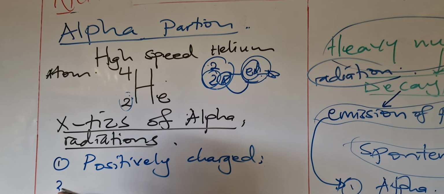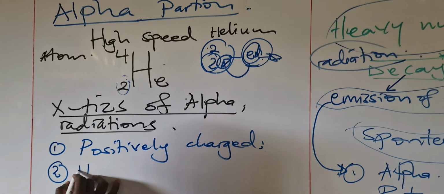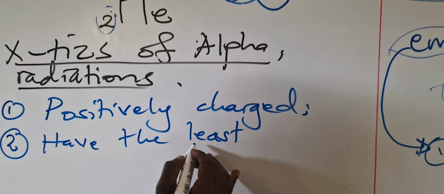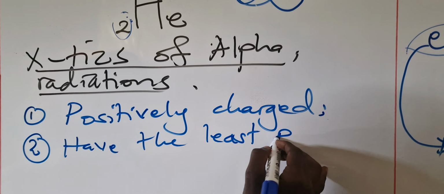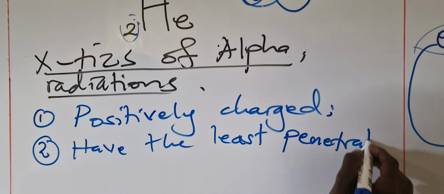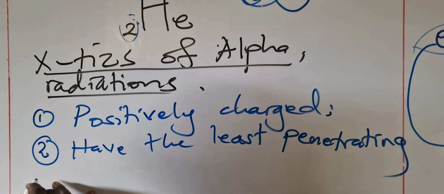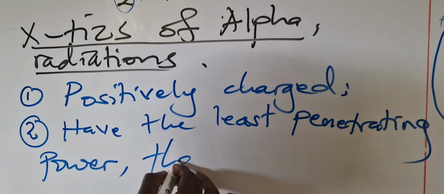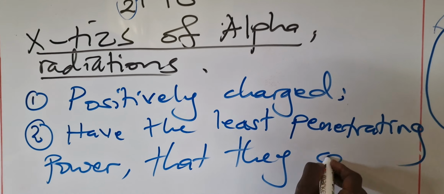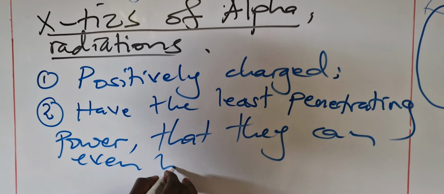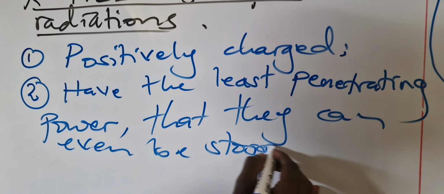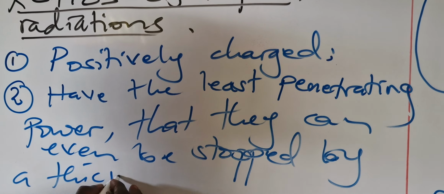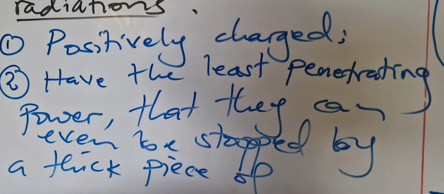These alpha radiations have the least penetrating power, in the way that they can even be stopped by a thick piece of paper.